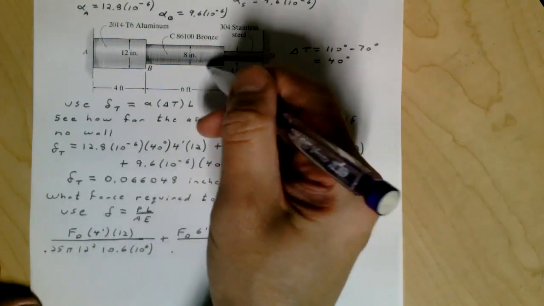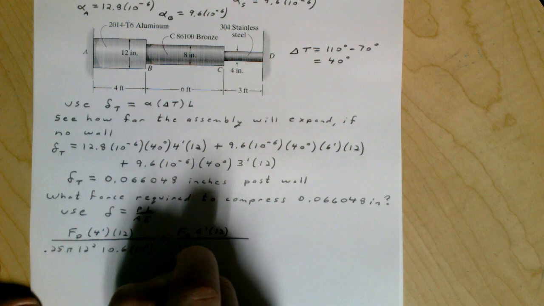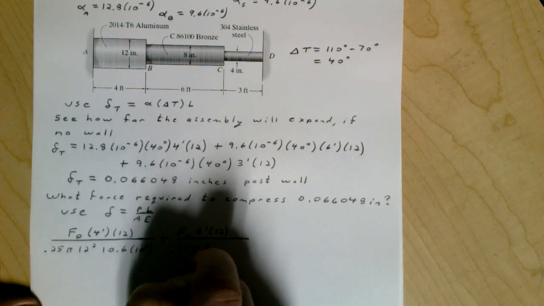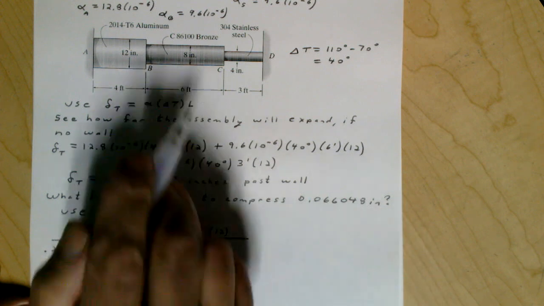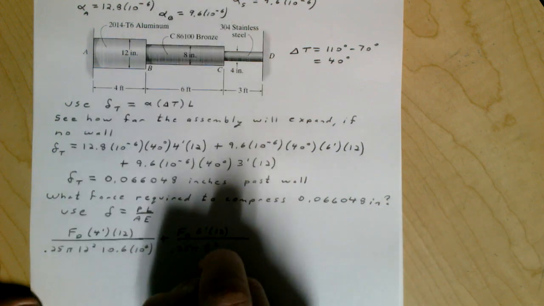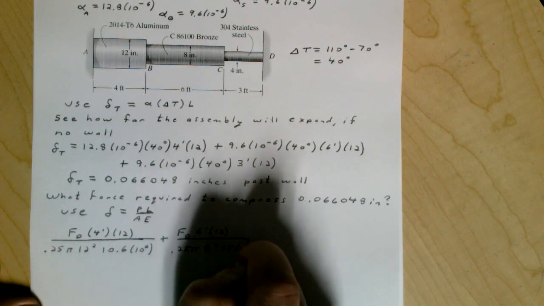And then the face area there is 0.25 pi times 8 squared. And the Young's modulus for the bronze is 15 times 10 to the 6th.